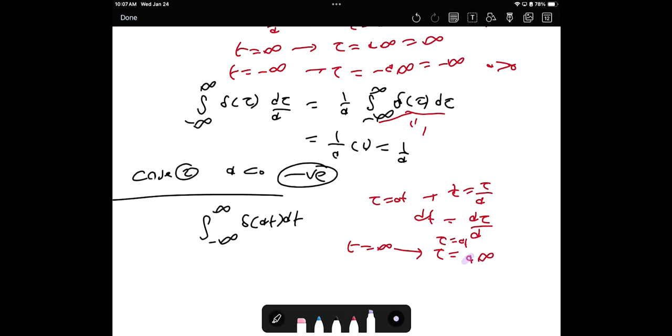Since a is negative, then negative times infinity will be minus infinity. Then when t equals negative infinity, tau will be a times negative infinity, but negative times negative will make it positive.